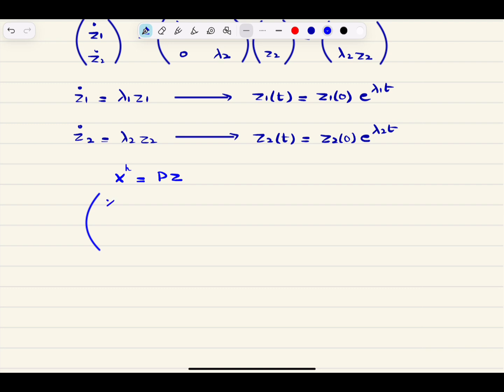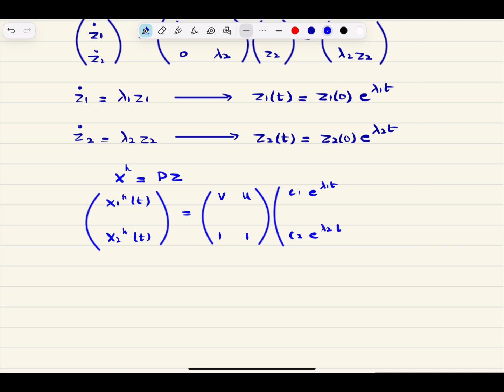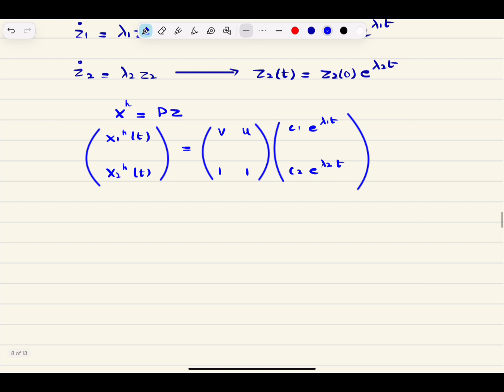So x1 homogeneous t, x2 homogeneous t is equal to the matrix P, which was 1, v, 1, u, and we just said, let's write this as c1. There's just a constant here and a constant there, just for simplicity. So we have the homogeneous solution here.